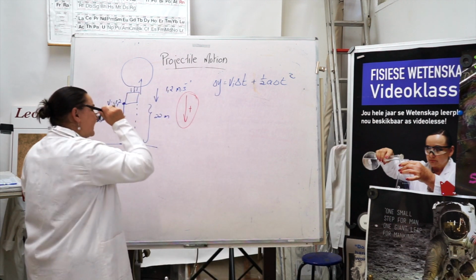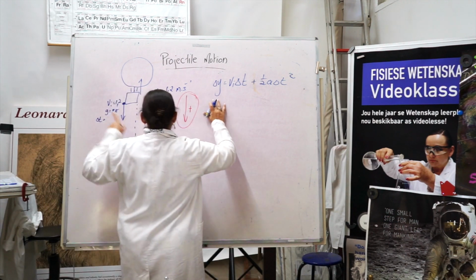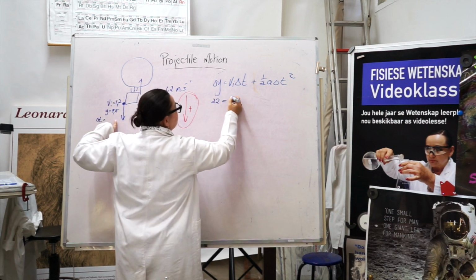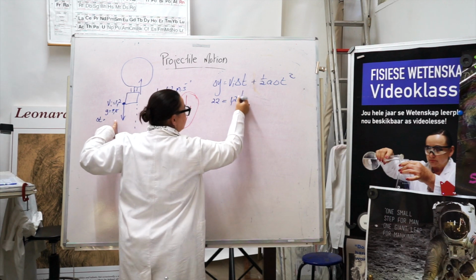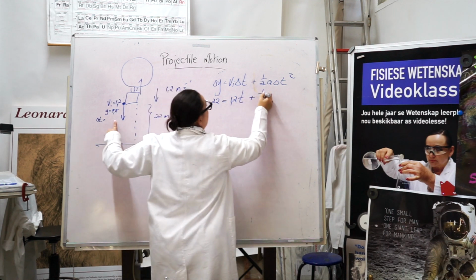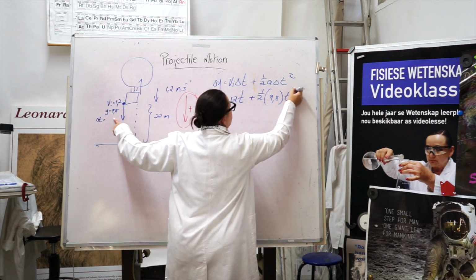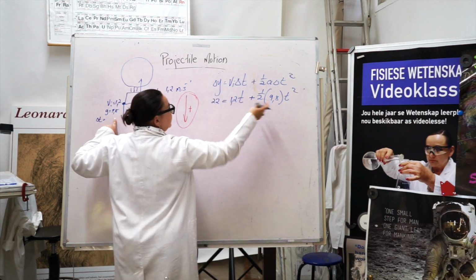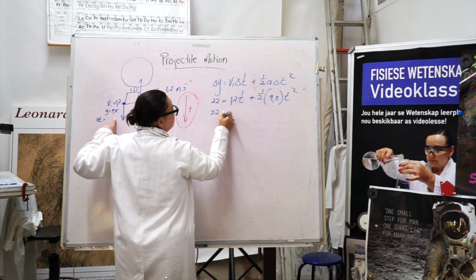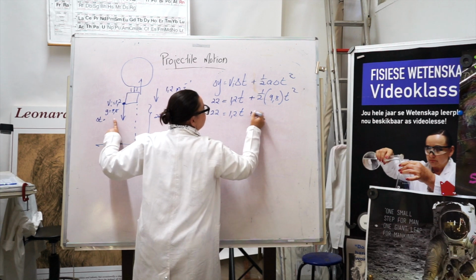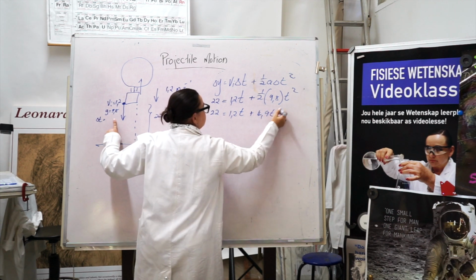So then I can say, alright, my delta y would be 22, equals initial velocity 1.2 t plus a half 9.8 t squared. A half of 9.8 gives me 4.9 t squared.